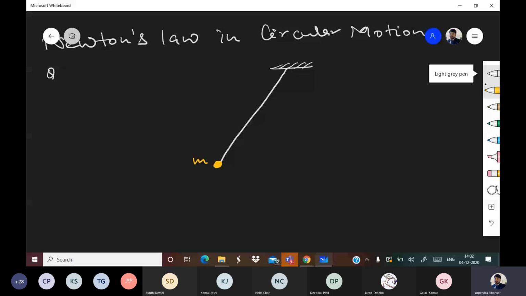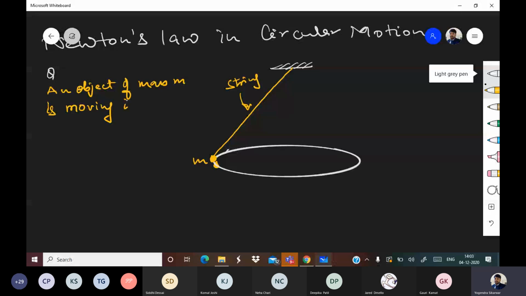This is an object of mass m moving in a horizontal circular path of radius r. So this is radius r.